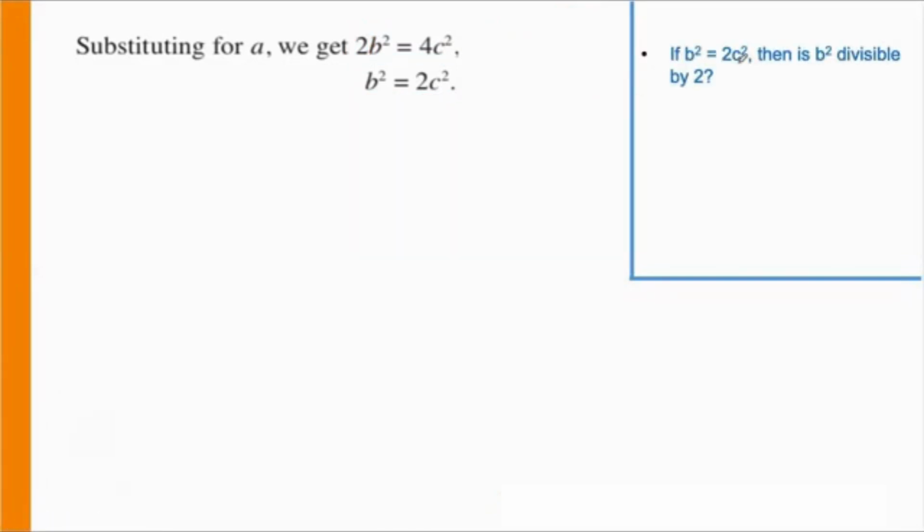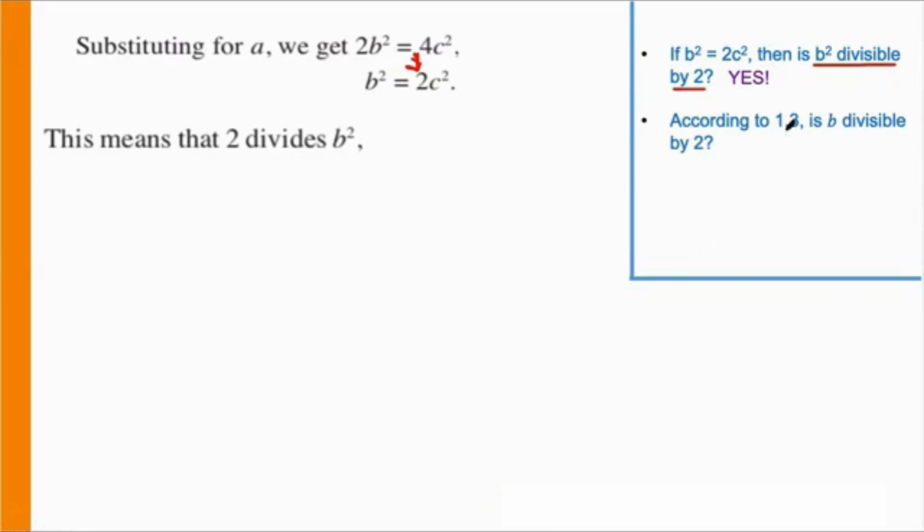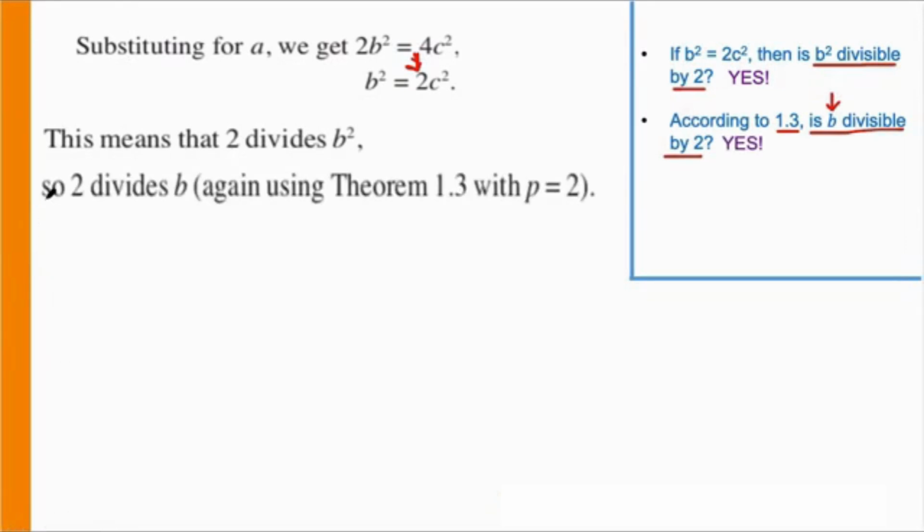Now, if b square is equal to 2c square, then is b square divisible by 2? Yes. This means that 2 divides b square. According to Theorem 1.3 again, is b also divisible by 2? If b square is divisible by 2, then can we say that b is also divisible by 2? Yes, we can. And so 2 divides b also.